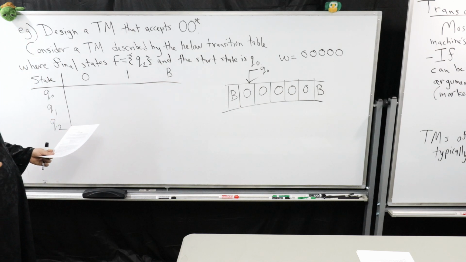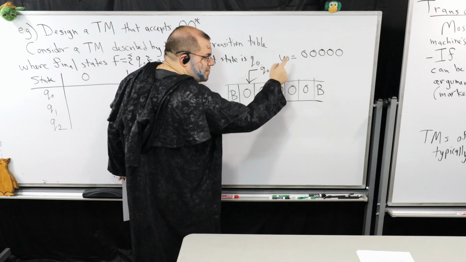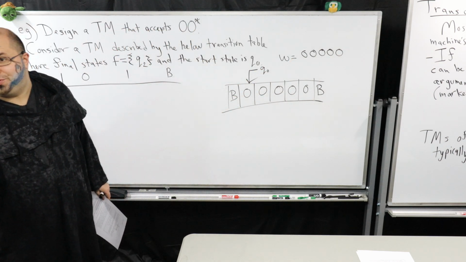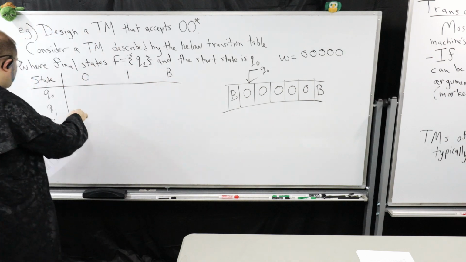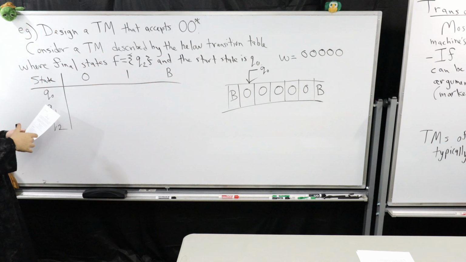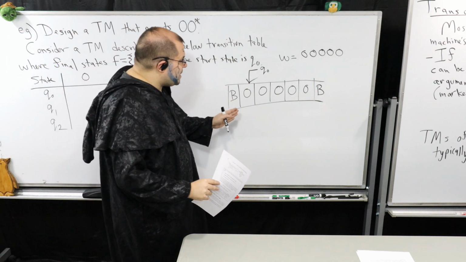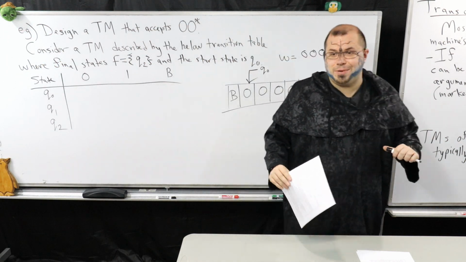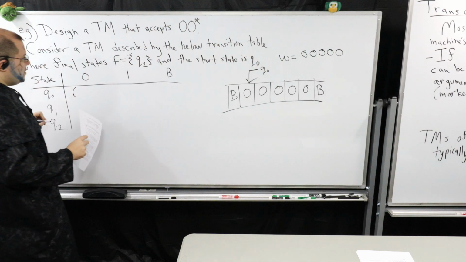So does everybody get the general gist? I'm going to give different roles to the states, and based on those roles, I'm going to perform certain moves. I'm going to first start off with Q0, and what I would like it to do is, if I see a 0, set myself up to read more zeros if they appear. So here's an idea for the transition.